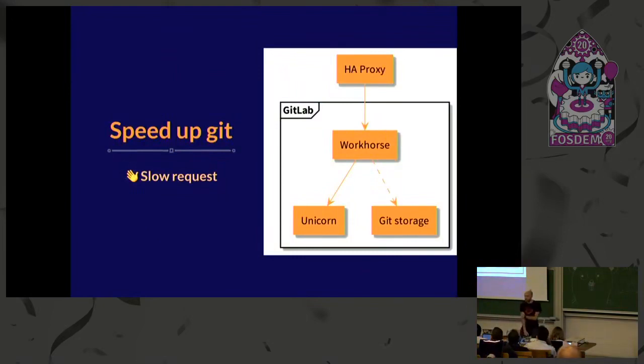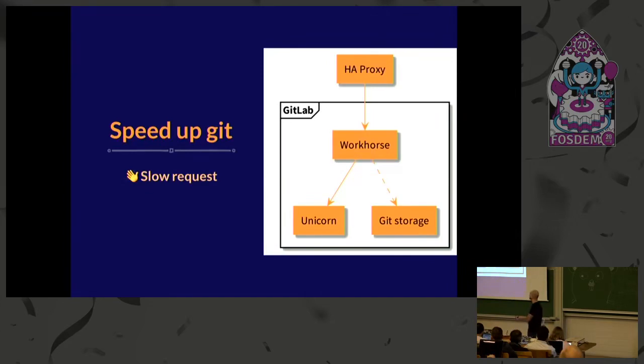It was 22nd of September 2015. We released this idea where HAProxy was connected to workers, and in case of a Git operation, so cloning and pulling, we were doing authorization and authentication in the old way, so we were forwarding the information to Unicorn and the old Rails code base.